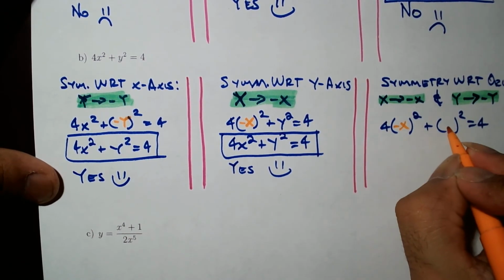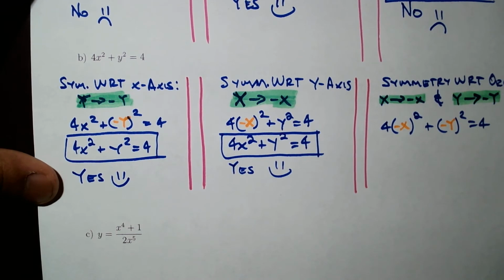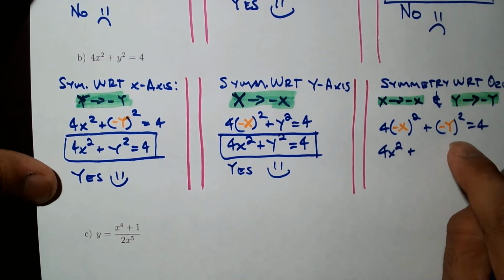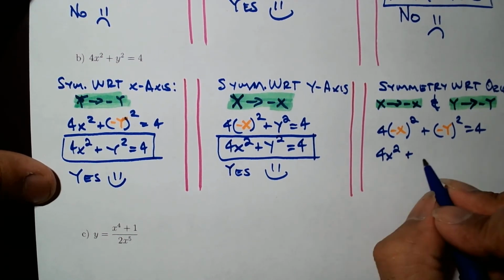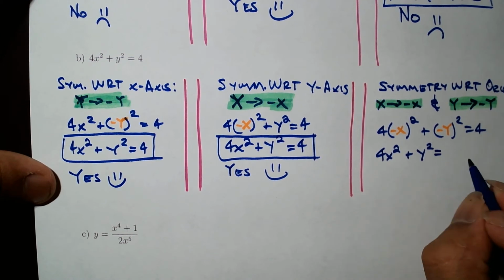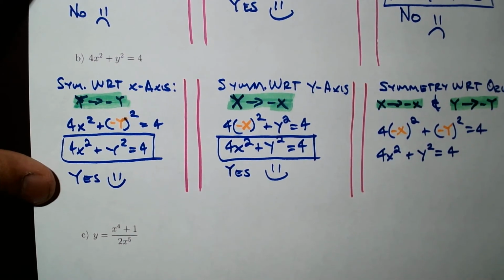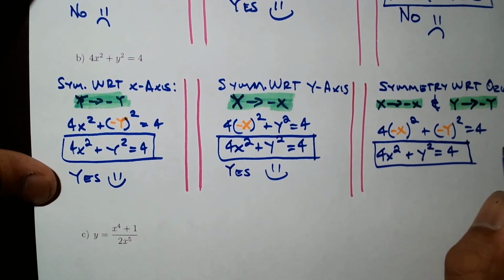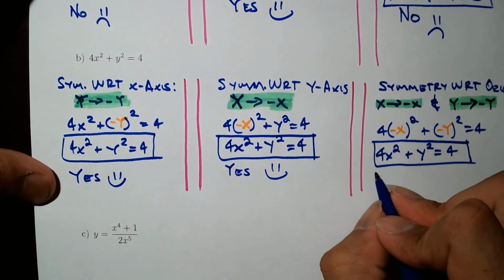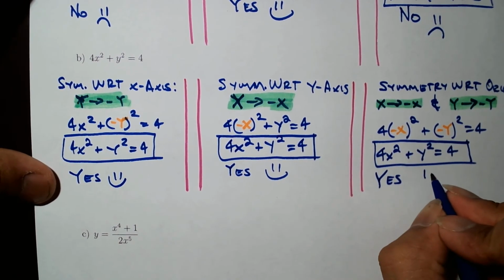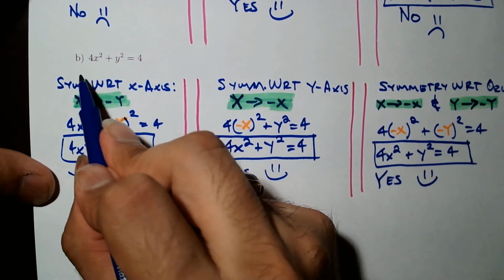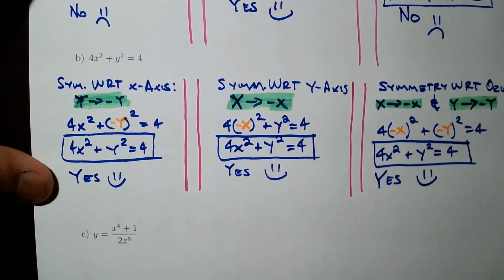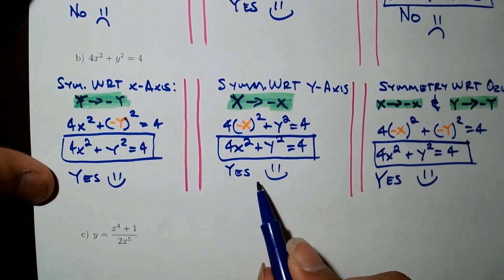So negative x squared, negative y squared. So we're going to get 4x squared again plus y squared equals to 4. Alright? And again, compare this final equation with the original one. So this is also a yes. So in this case, the graph of the equation 4x squared plus y squared equals to 4 is symmetric about the x-axis, the y-axis, and the origin.